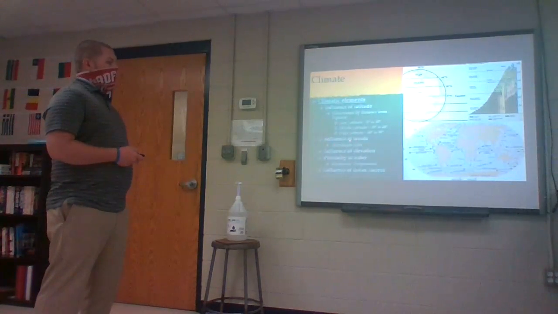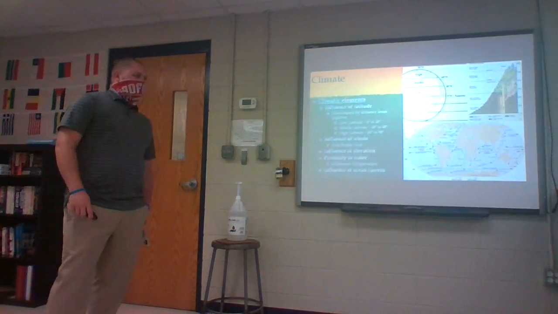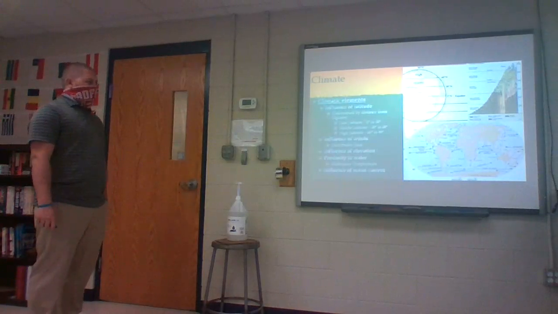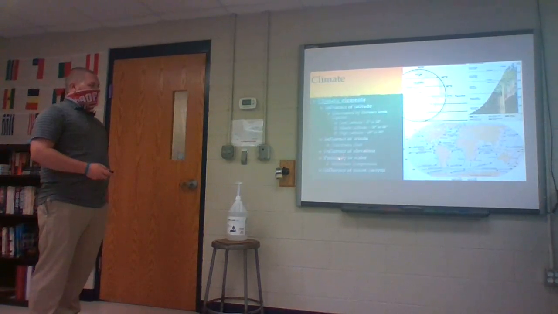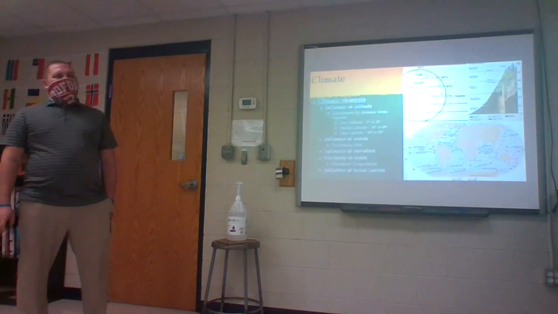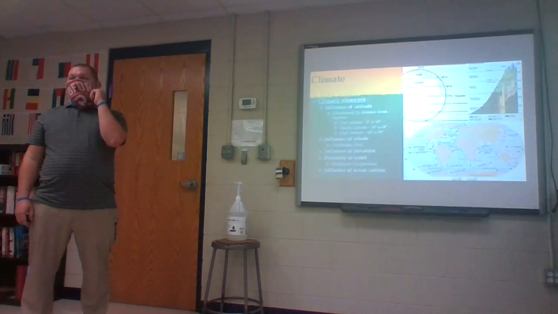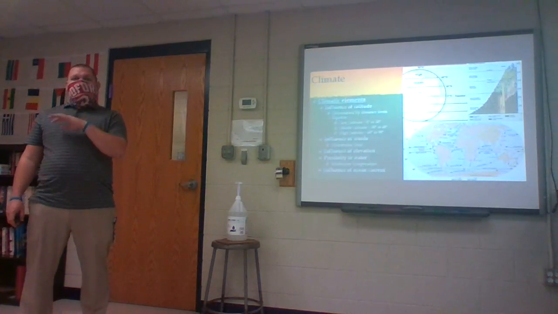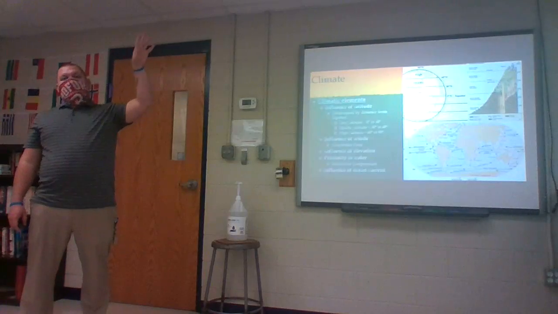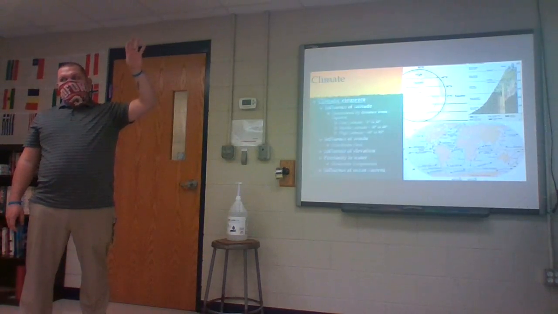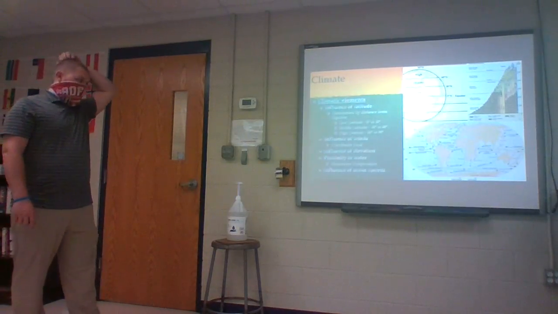You have the influence of the winds. This helps distribute heat, okay, or lack thereof. Elevation. For example, you see this more when you go out west, but you can be sitting on the plains where it's warm and look at the mountains and see snow at the top of the mountain. Okay, that's the influence of elevation.